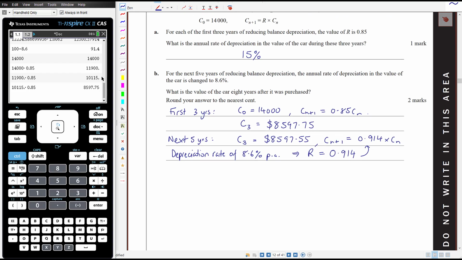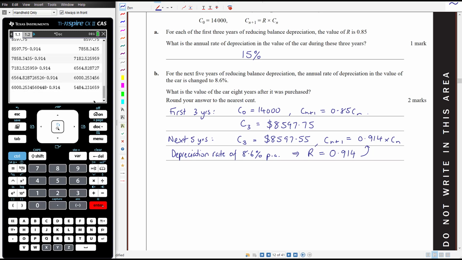So we're now going to start taking this value and multiply that by 0.914 for another 5 years. So that's C3, so we want to get to C8, really. So that's C4, 5, 6, 7, 8.